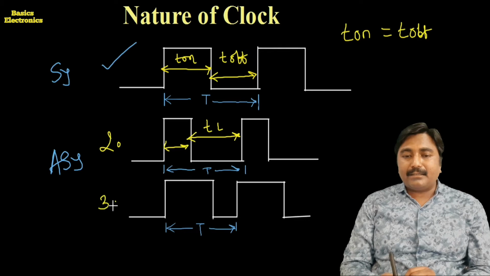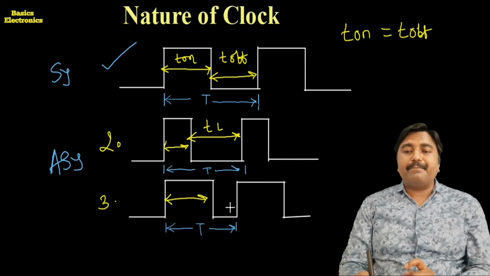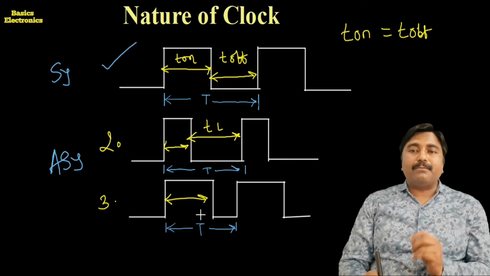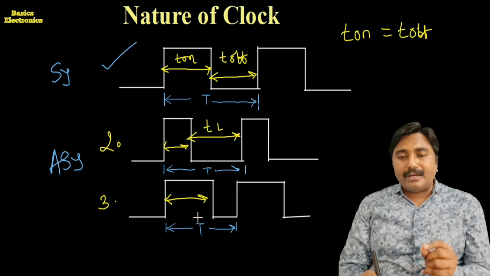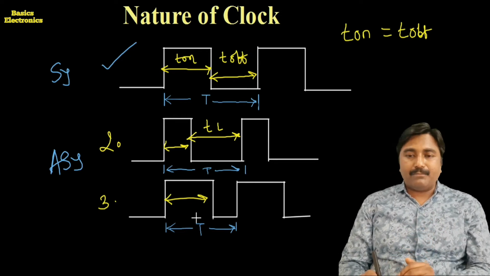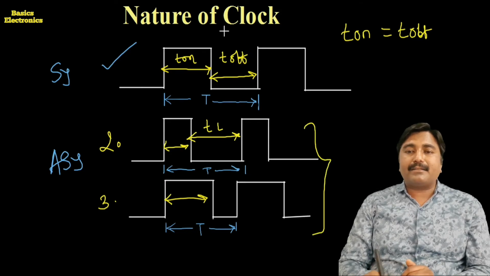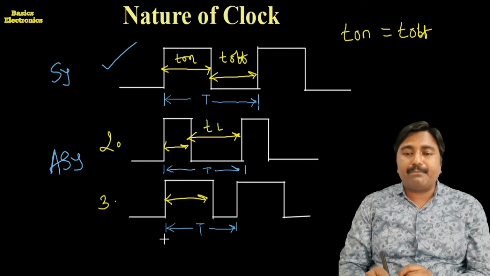If we look at the third waveform, this one is the on time, and this on time is greater than the off time, or we can say the on time is more than the off time. So these two, the second one and third one, we call asymmetrical waveforms.